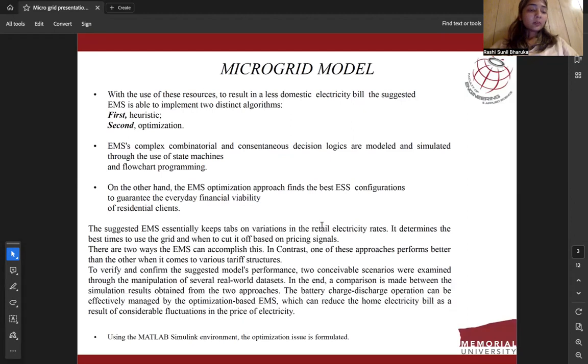The microgrid model here uses two distinct algorithms: the first is heuristic and the second is optimization. The step-down transformer connects the utility grid at the point of common coupling, PCC.